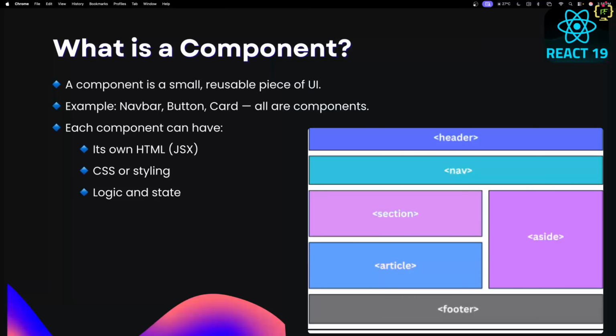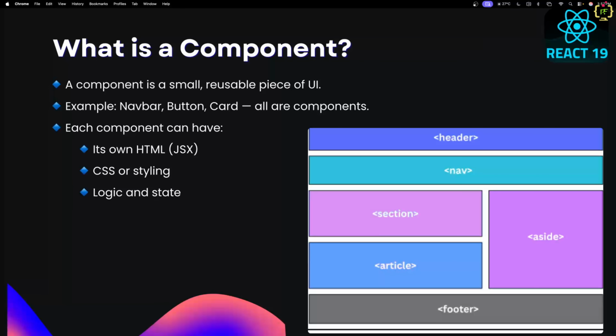So let's say if you have one web page in which you have header layout, navigation area, sidebar, section, article, and the footer part, these all are the components. And by including these all components, this will create an entire web page. So each component can have its own HTML, that means JSX that we already discussed.